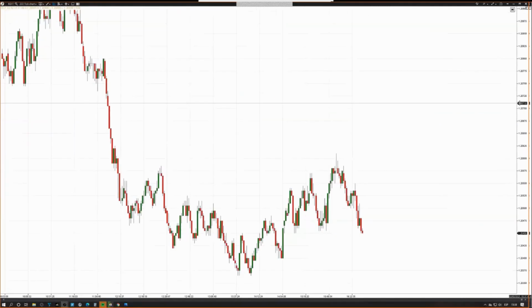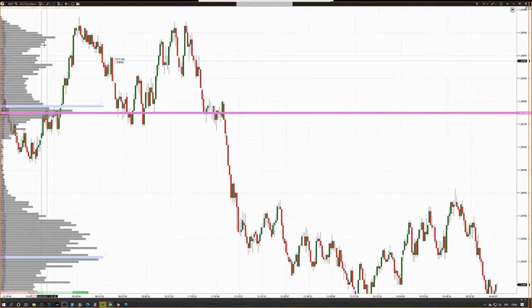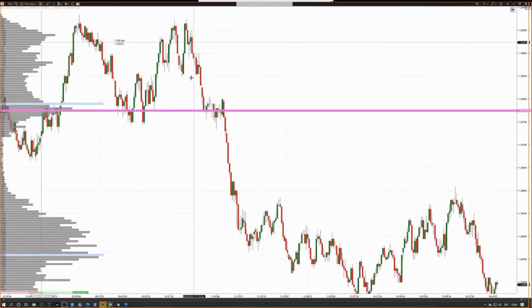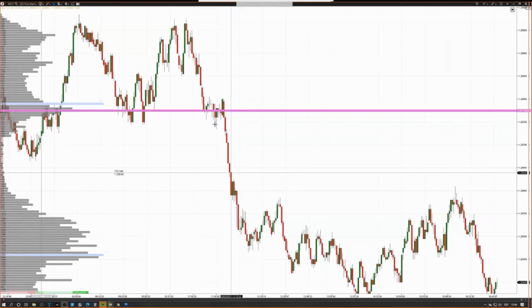For example, you can see here how this area was more dense in volume, right? You can see a lot of bars, and you can see how price was rotating. But when the price breaks below this volume area, you can see how thin it is here, right? And you can see how the price actually moved pretty fast all the way down, and then stopped here.